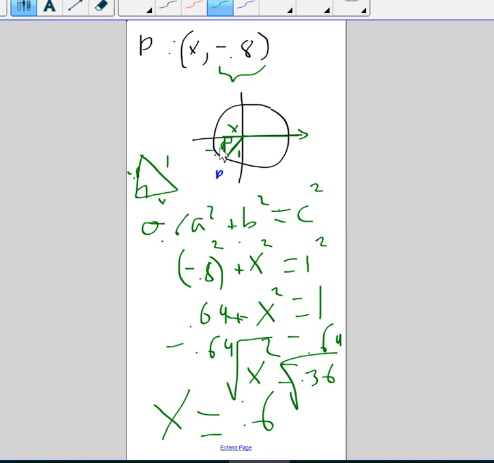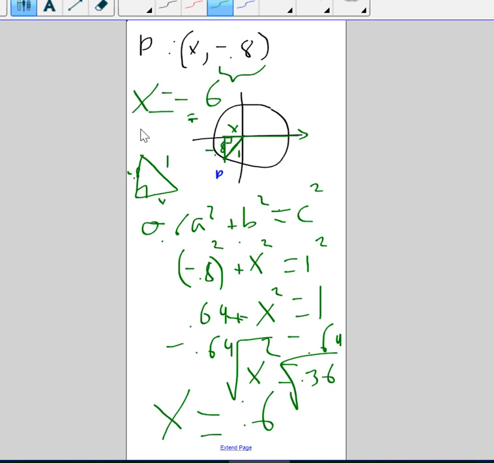When we are in this third quadrant, is our x value going to be negative or positive? We are on the negative side of the x-axis, so x is going to equal negative 0.6. Make sure you're paying attention to whether values should be positive or negative.